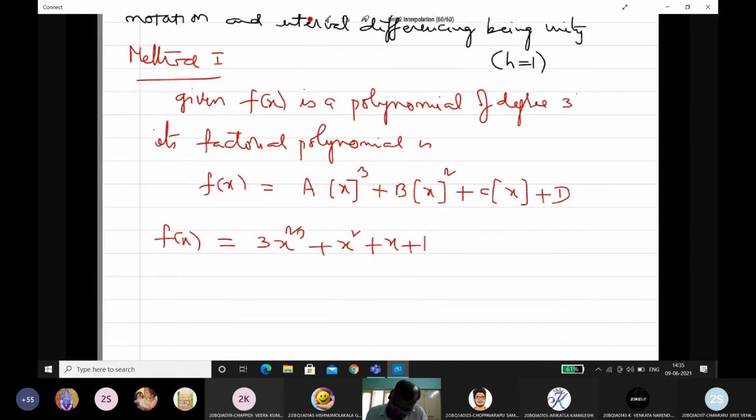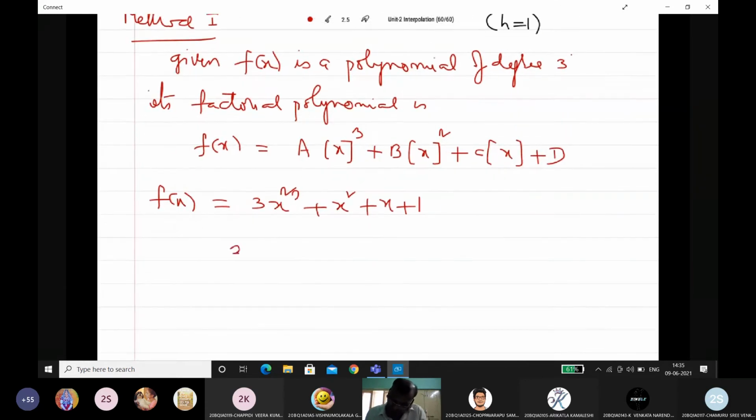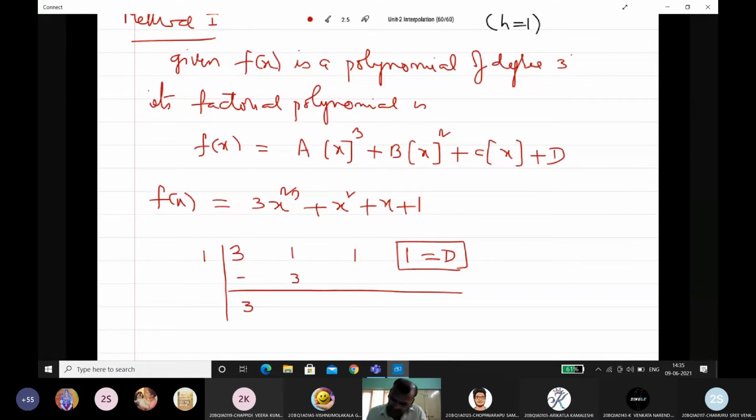First we have to write the coefficients: x cubed, x square coefficient, x coefficient, and the constant. The constant is equal to D, which is 1. Now first one, 3. 3 ones are 3. 4. 4 ones are 4. 4 plus 1 is equal to 5. 5 is equal to C.